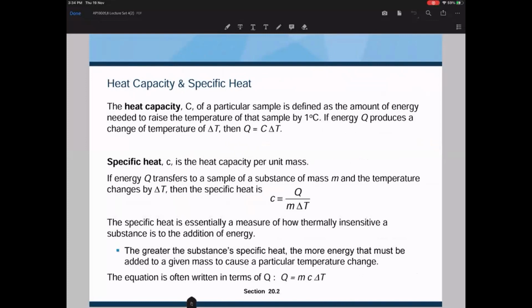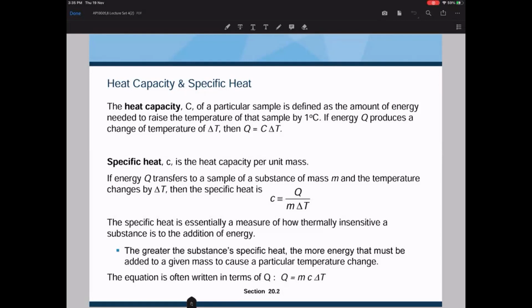For example, you could increase the temperature of the system. Say a gas or a liquid or even solid, when you put a heat energy to it, it could increase in temperature. And that is the idea of the heat capacity introduced in this slide.